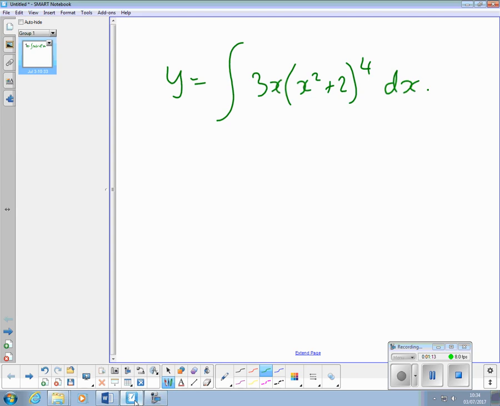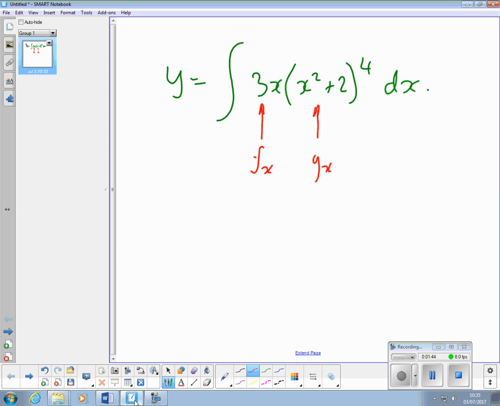All agreed on that? Now what you've got here is a function of x multiplied by another function of x. And that is raised to a power.